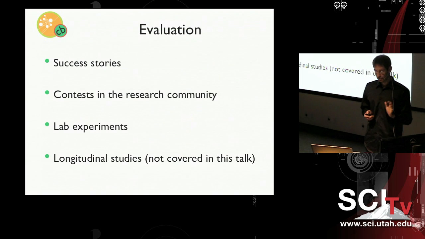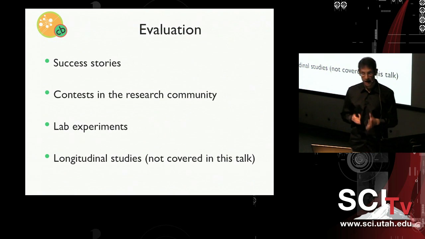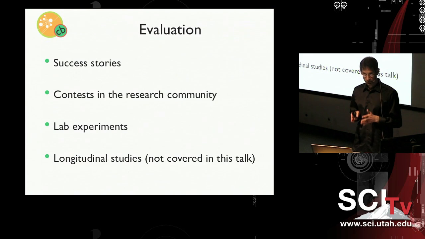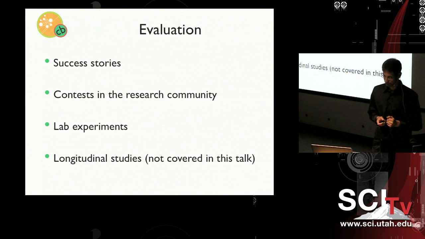Then a next way to evaluate is to actually have a lab experiment where you have a controlled setting and you compare your system to other approaches, and then you really measure the correctness and the time that the participants of the study basically produce in their data analysis.